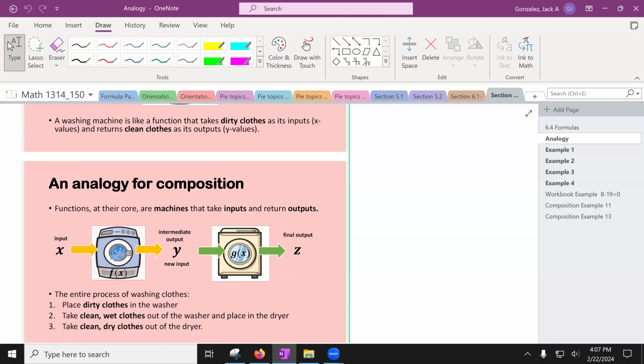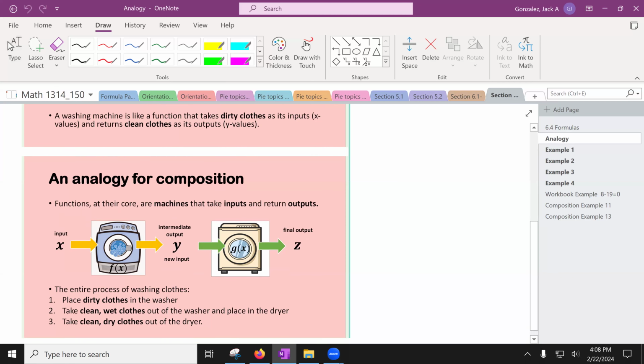So it's two functions working together, being composed. The original input, the x, is like your dirty clothes. It outputs wet. That's what the washer does. The first function is the washing machine, the second function is the dryer. So f of g, it's both at once. Does that make sense?